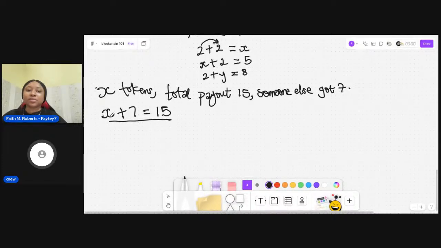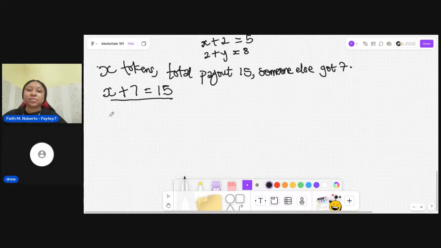I think the question here is actually how many persons. No, I'm not muted. Your network is slow. How many persons was the payout made to? Like how many persons was the payout made to?